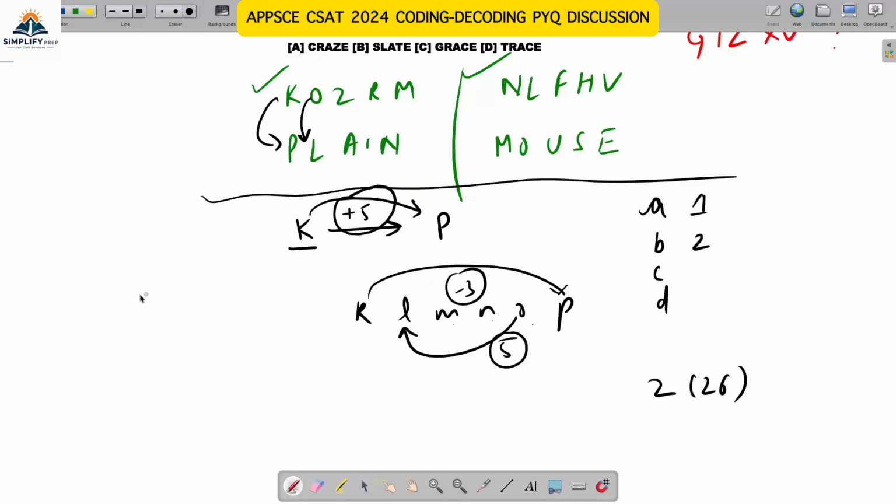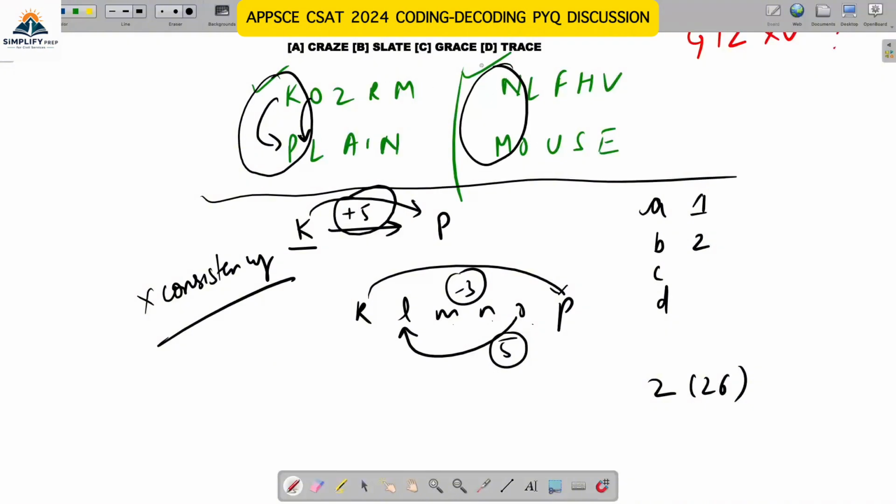So there is no consistency in the logic. Both examples should be the same, but here N is going to M, going back. So my shifting logic is not working here. Shifting letters is not the case here.